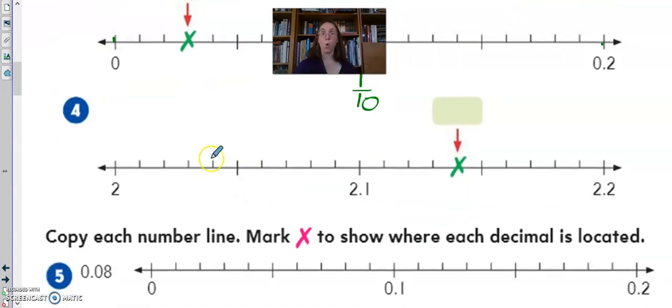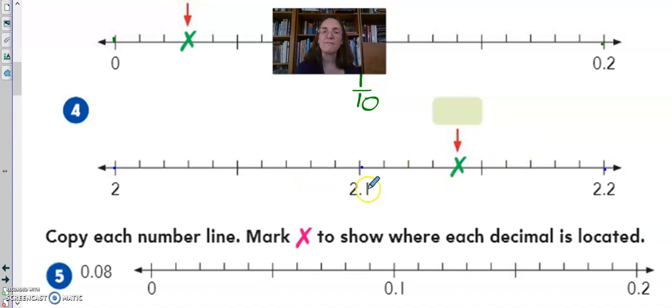Down here, whoa, look at this number line. I'll change colors for it. This is 2. This is 2 and 1/10. And this is 2 and 2/10. If we take a tenth and we chop it into 10 pieces, we have hundredths. So every one of these spaces on this number line represents 100ths.